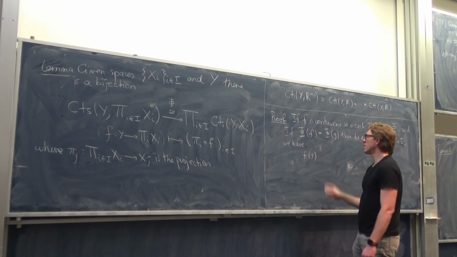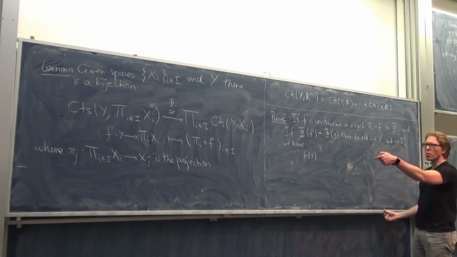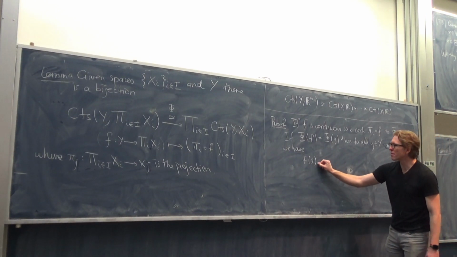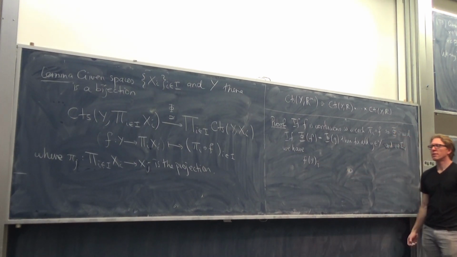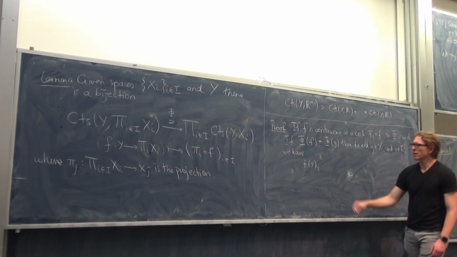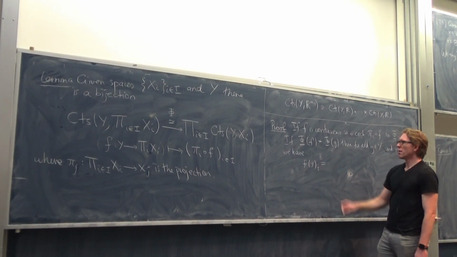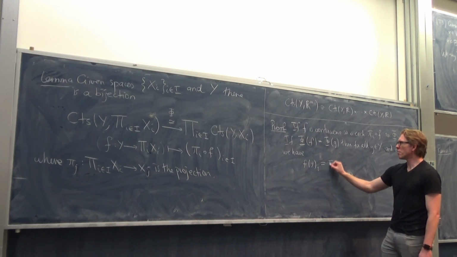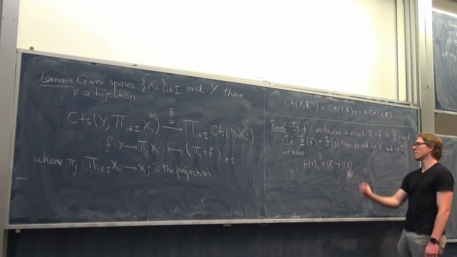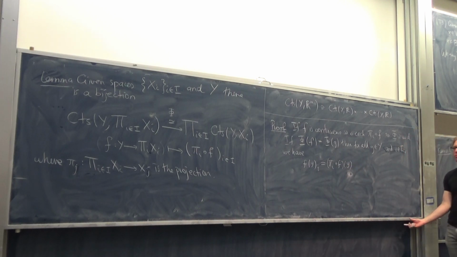F, y, right? So evaluate f on y, that gives me a sequence of things in the xi's. Let's take the ith term in that sequence, so to speak. But that is exactly pi i circle f of y, right? That's what the projection does.